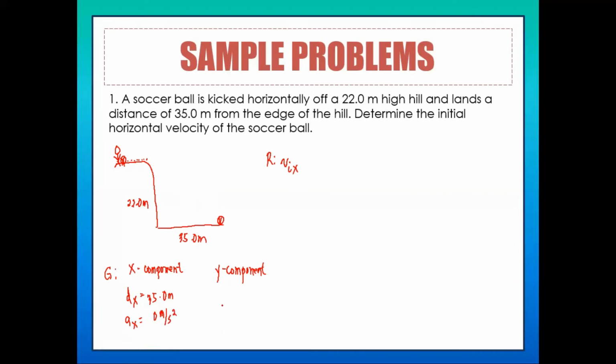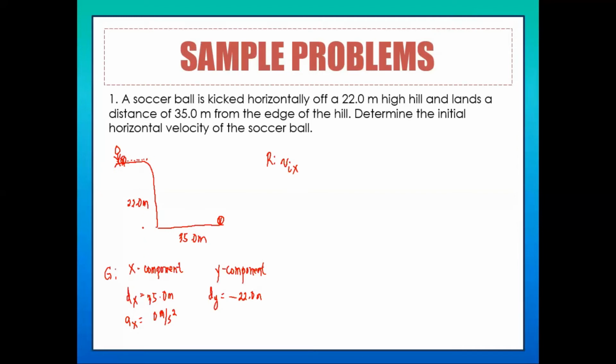Okay? Now, for the Y component, meron tayong distance, no? Yung hill, gaano kataas yan. So, D sub Y natin yan, we will put it as negative 22.0 meters. Kasi nga, we're after with the direction. Okay? So, downward yung from this part going down.